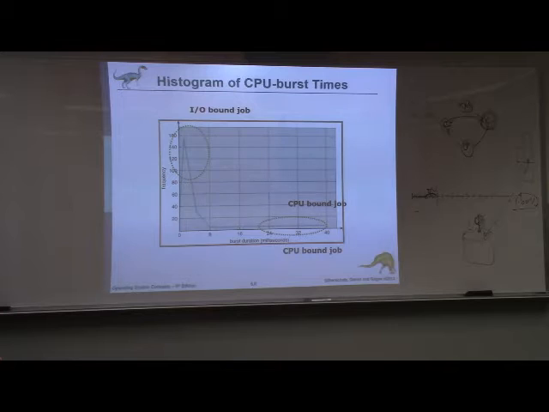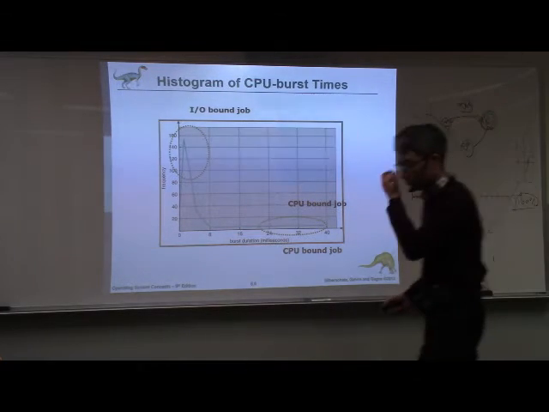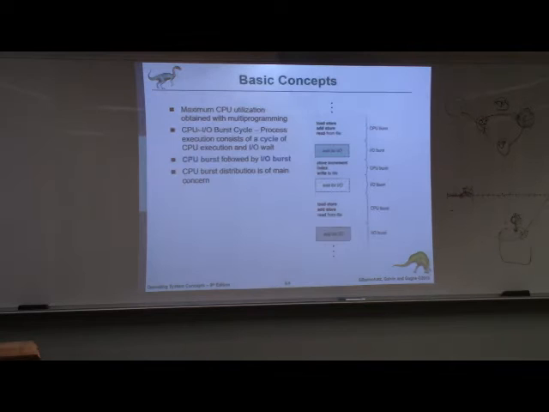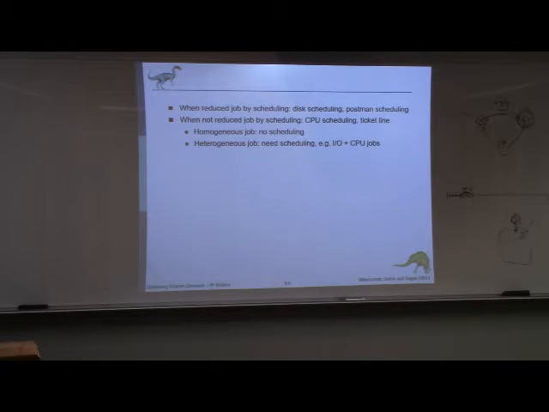If you take a look at this one, the x-axis is called the burst time. Burst is an amount of time that needs the CPU or I/O. Mostly it's at the microsecond level, so 10 or 20 microseconds is a CPU burst time or I/O burst time.